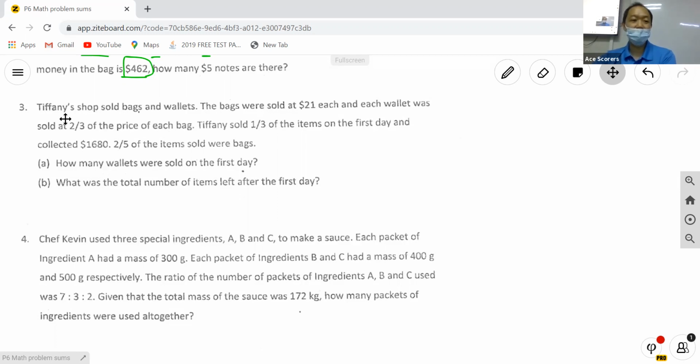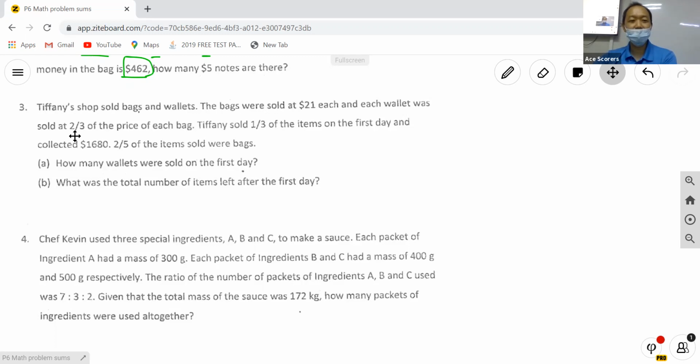So let's look at this, right? Tiffany's shop sold bags and wallets. What's bags in Chinese? Then what's wallet in Chinese? 钱包. Okay. So the bags were sold at $21 each and each wallet was sold at 2/3 of the price of a bag.